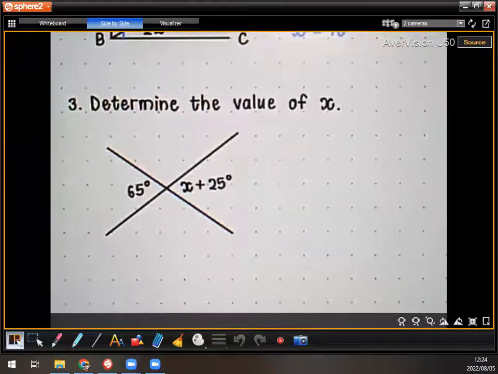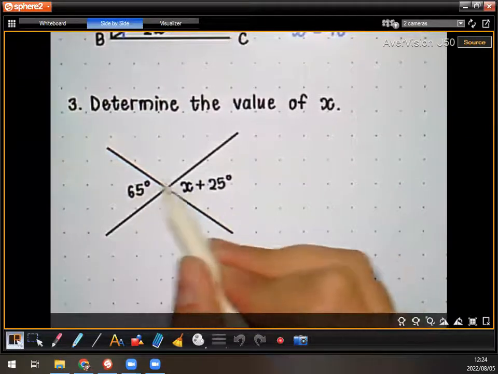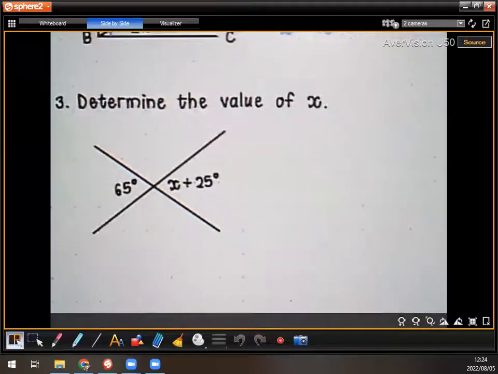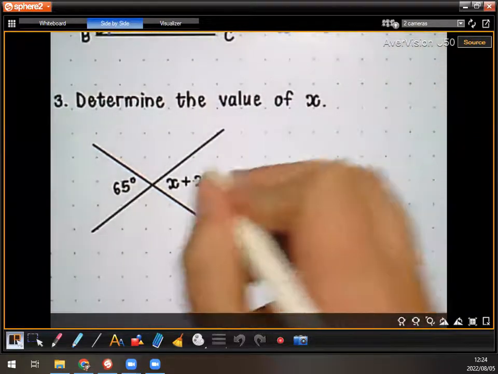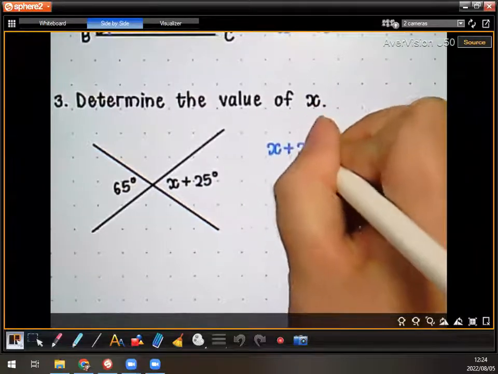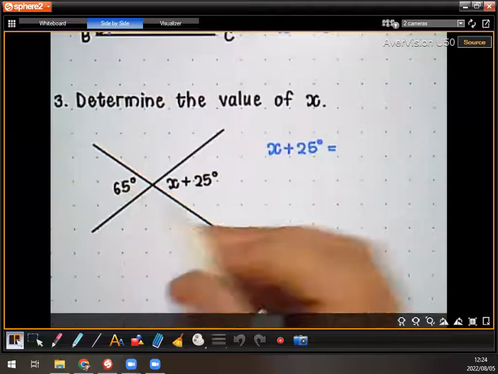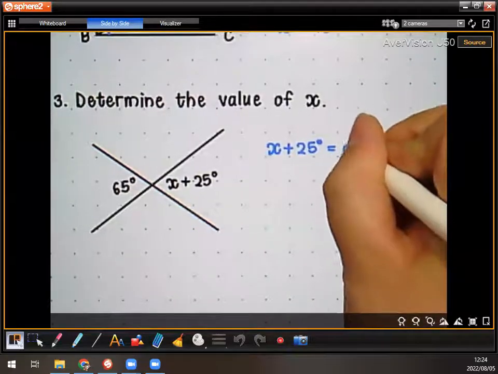So we have the 2 straight lines that are intersecting, vertically opposite angles, right? And what do we know about vertically opposite angles? They are equal. Okay, so there we go, guys. That's not too bad. This angle, x plus 25, is equal to the angle that's opposite, so 65 degrees.